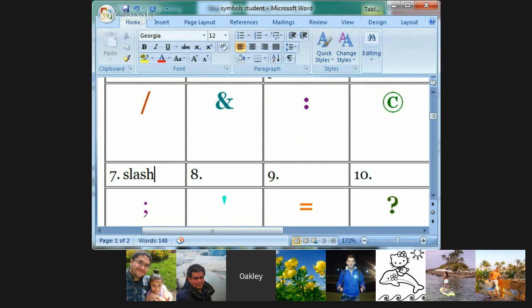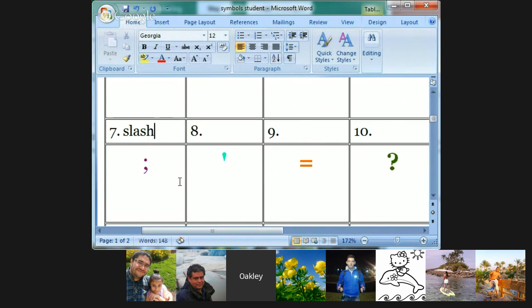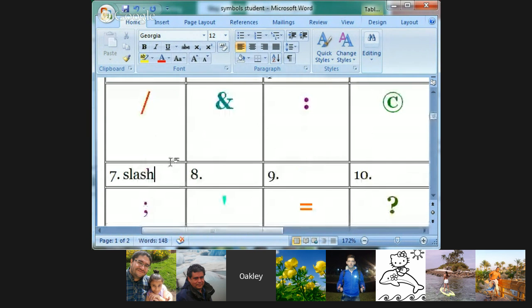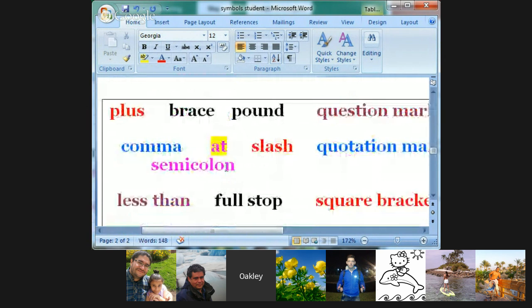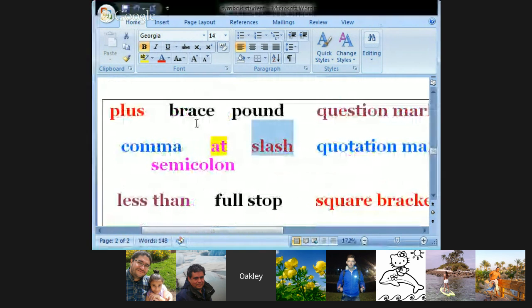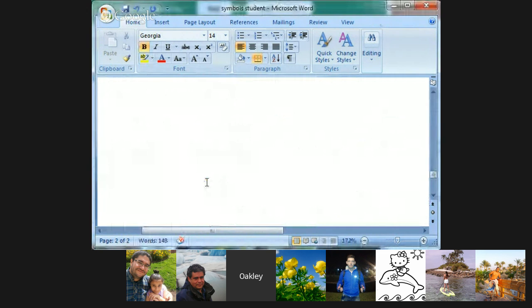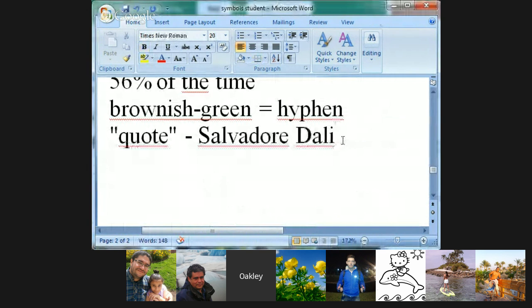Sorry. Slash. Okay. How do we use a slash? Here, slash. Okay, where would you likely see a slash? For example, there are 2 choices. She or he. Oh, yeah, okay.